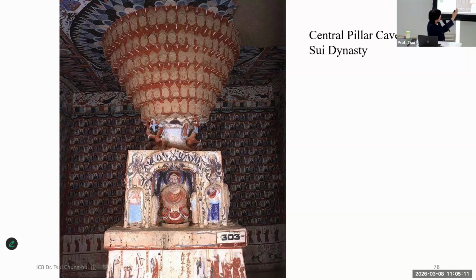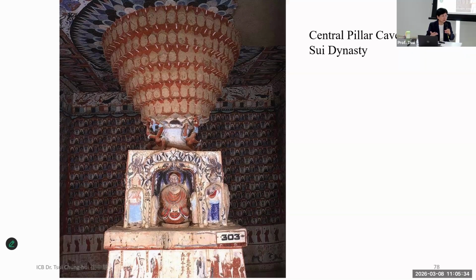So we have the Sumeru Mountain design, and inside the cave the whole architecture can be divided into 3 sections. Based on the 3 sections, the whole structure is a transformation from the central pillar.